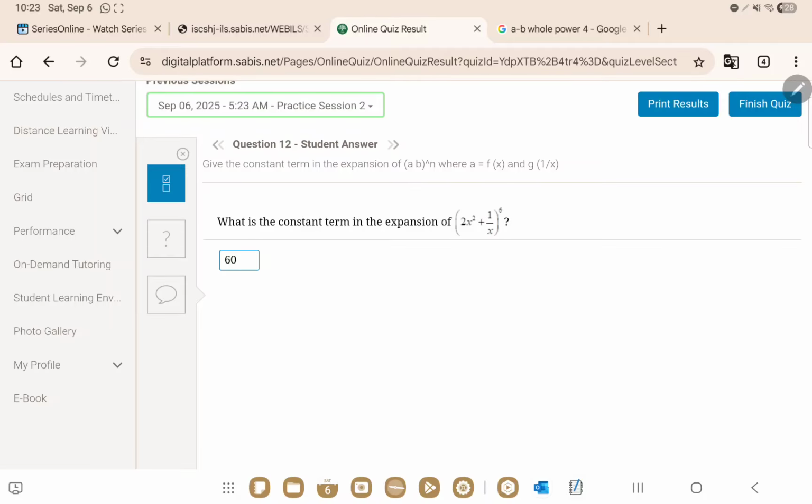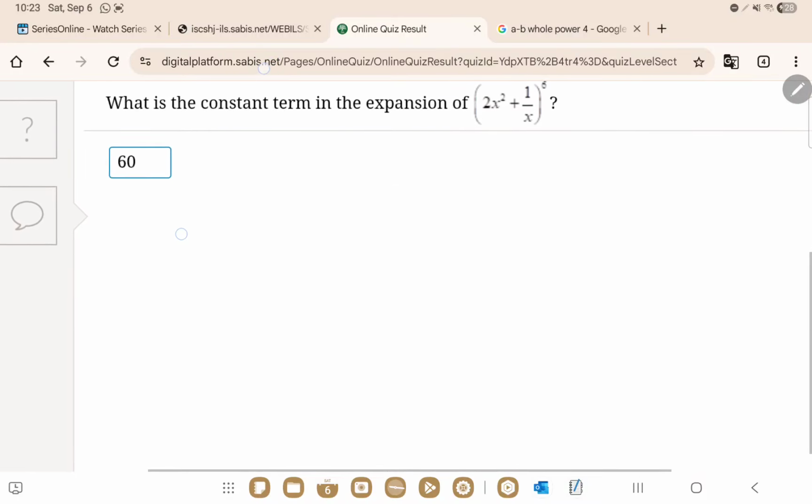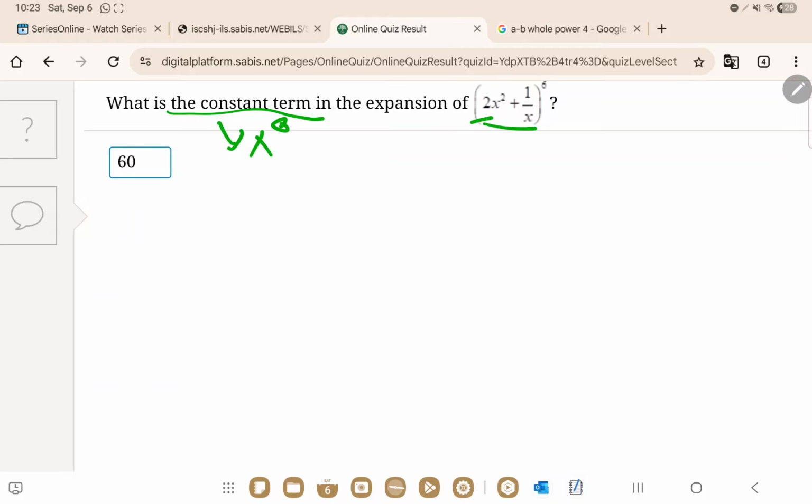Okay. What is the constant term in this expansion? Now we need to know the keyword. Constant term means when x is to the power of 0. So again, how do we find something when they want the x to a certain power and you have x in both a and b? We need to equate them.